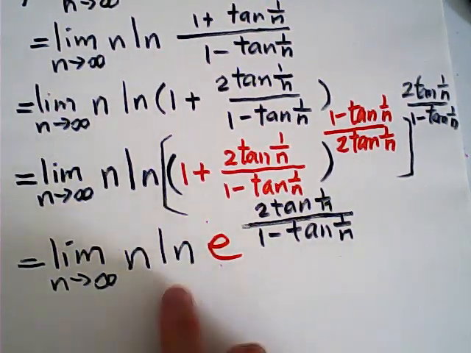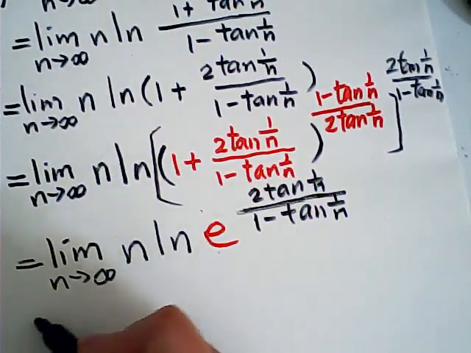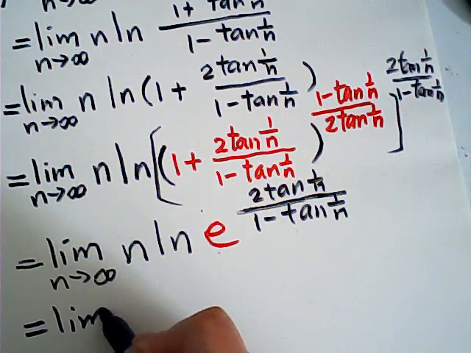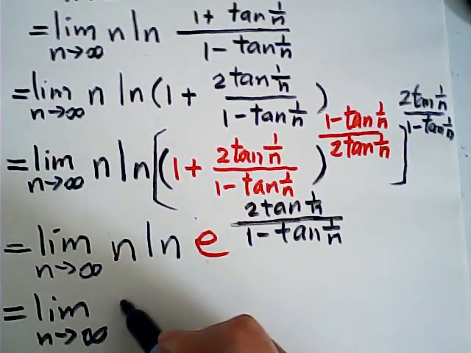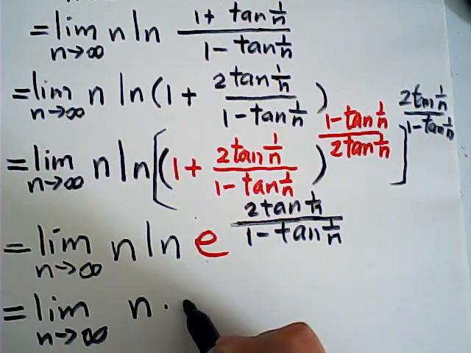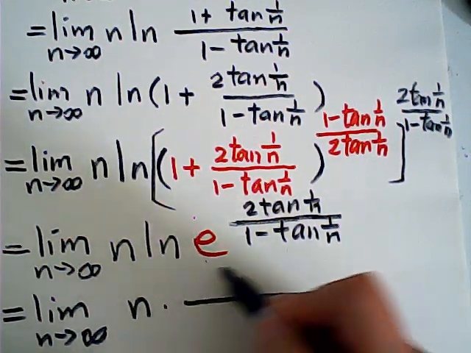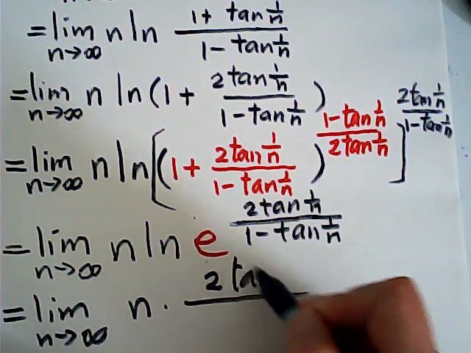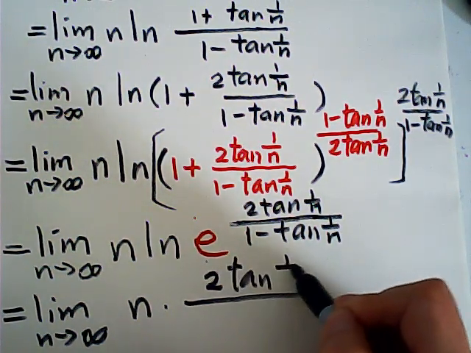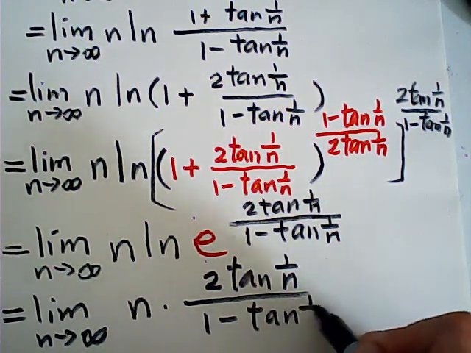And then log e to this, that will be equal to the limit as n goes to infinity, multiplied by this, 2 tangent 1 over n over 1 minus tangent 1 over n.